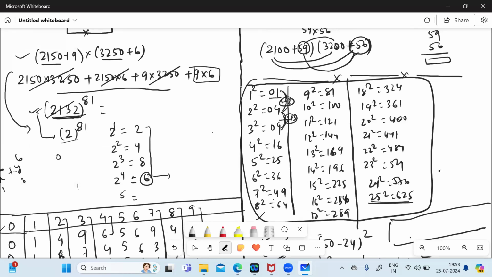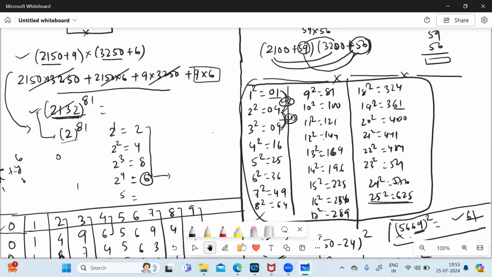If you want to calculate the last two digits of 5669 square, what will it be? Tell me, what will it be? 61. Which one will it follow? 69, which is 50 plus 19, and the last two digits of 19 square is 61. So this will be the last two digits of this square.